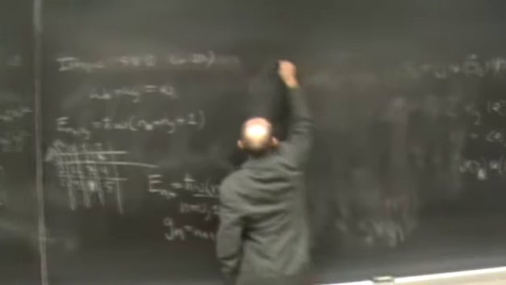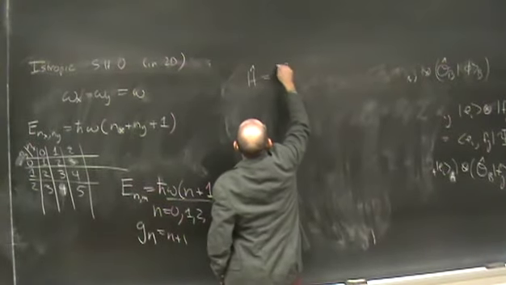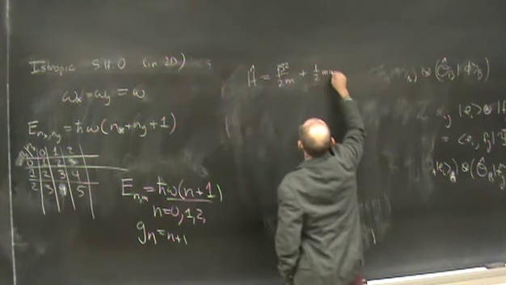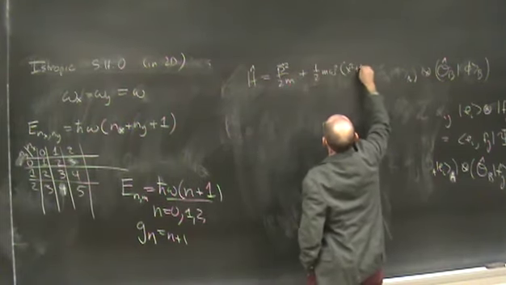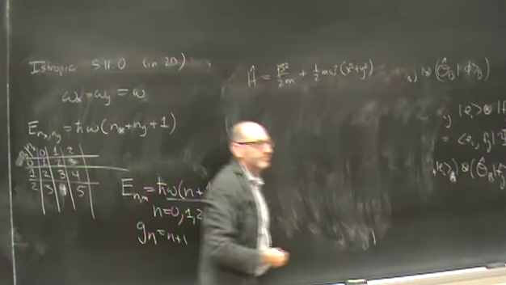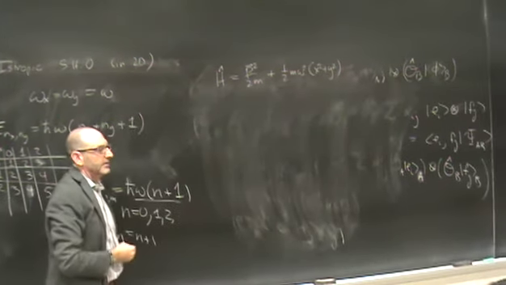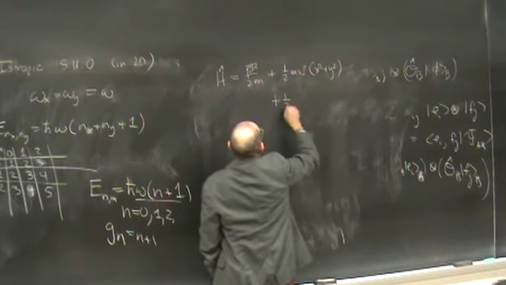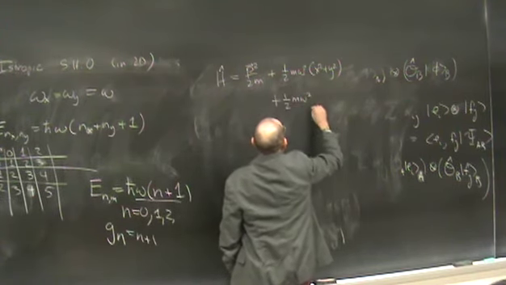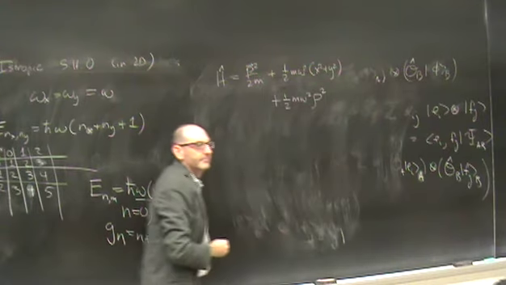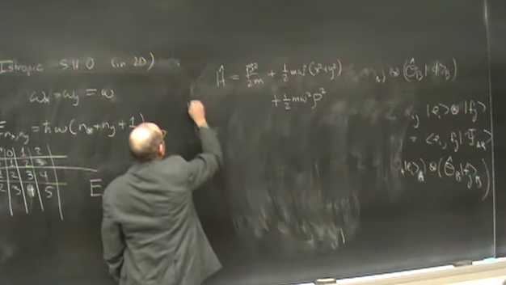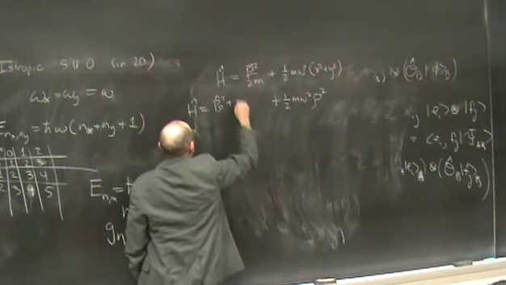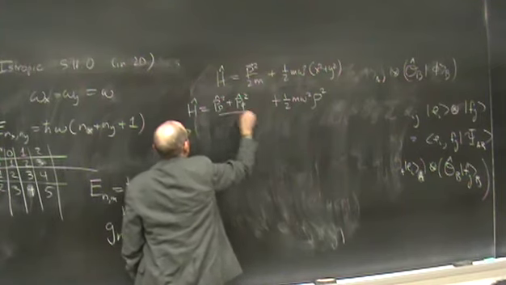Let's look at the Hamiltonian again. P squared over 2m plus 1/2 m omega squared times x squared plus y squared. This is my cylindrical coordinate rho. So this is p rho squared plus p phi squared over 2m.